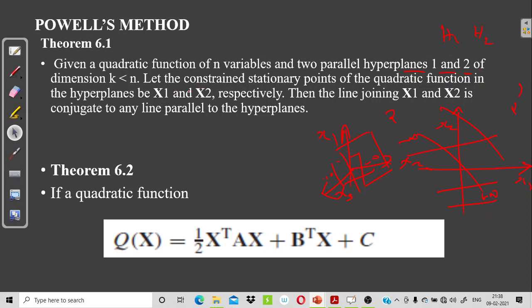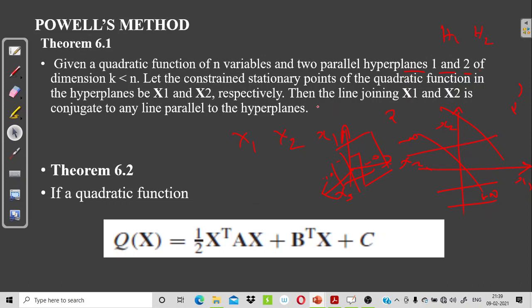And we are considering 2 arbitrary points. Those points will be vectors capital X1 and capital X2, each a column matrix. Again, it is a vector.